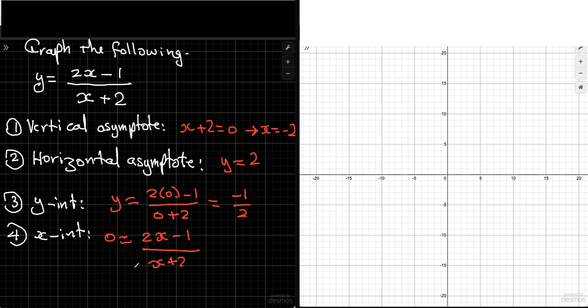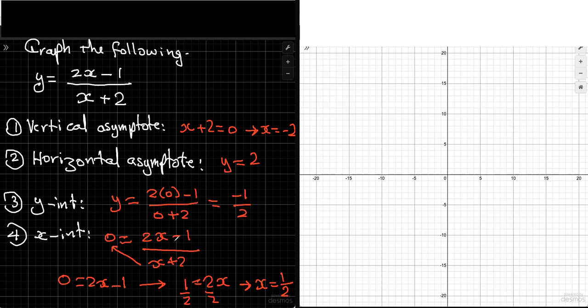Now, what we need to do next is cross multiply the x plus 2 into the 0. And when you cross multiply all of that into the 0, it just becomes 0. So we'll have 0 equals 2x minus 1. Then just move the negative 1 to the other side. 1 equals 2x. Divide both sides by 2, and you will get x to equal 1/2. So therefore, the x-intercept is 1/2.